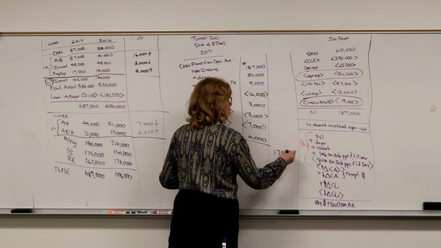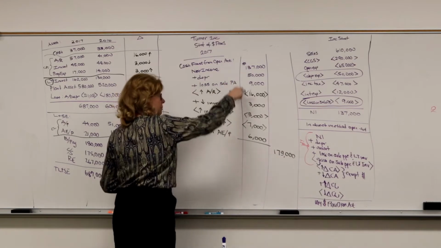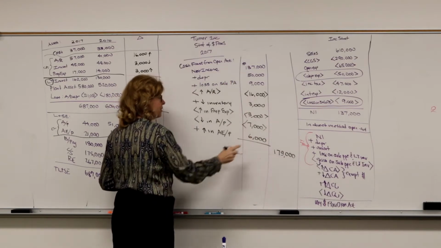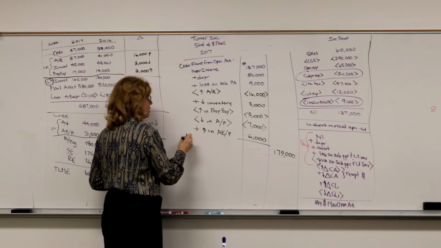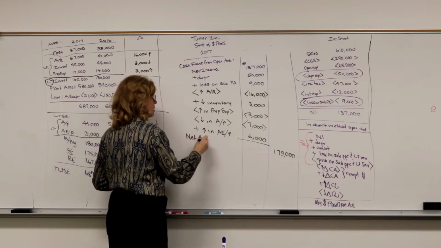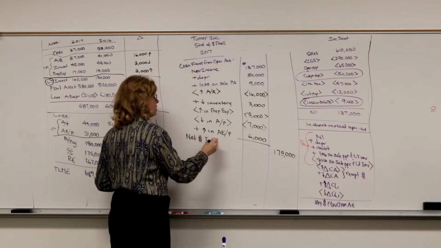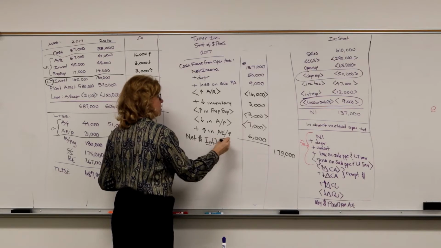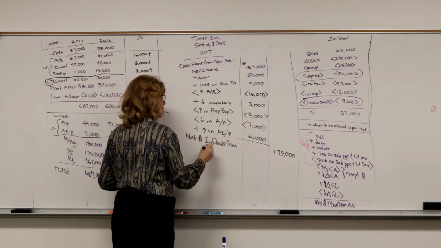Right? In essence, my inflows, my positive numbers are larger than my negative numbers. So this gives me net cash inflows from operating activities.